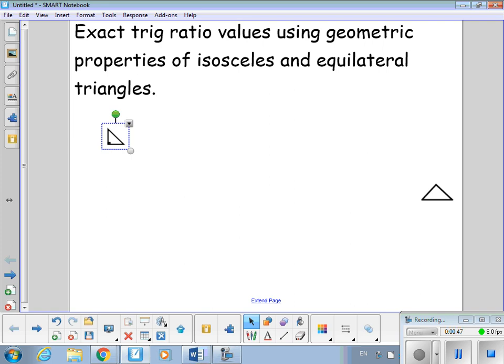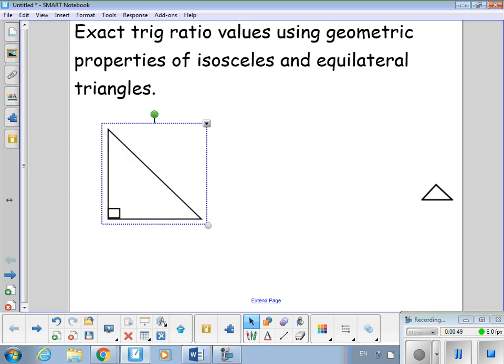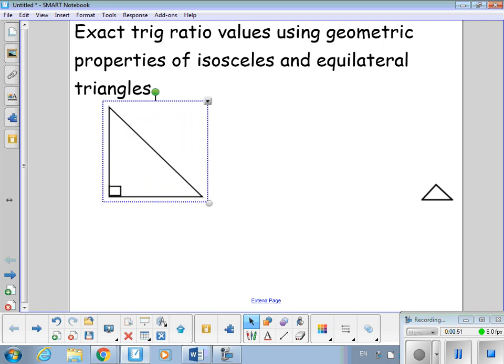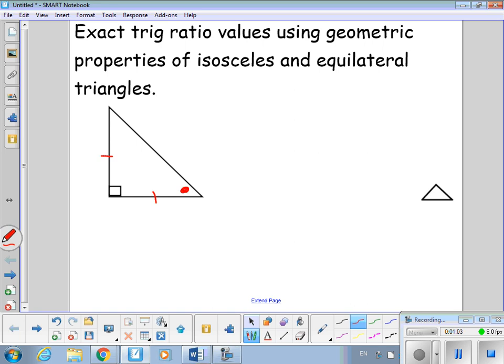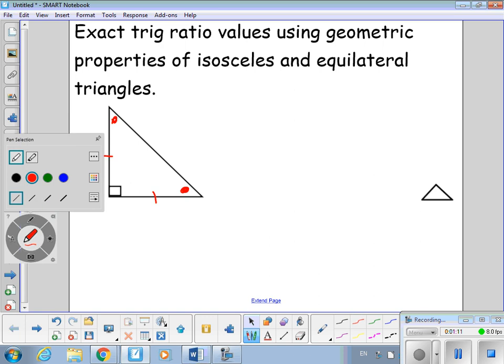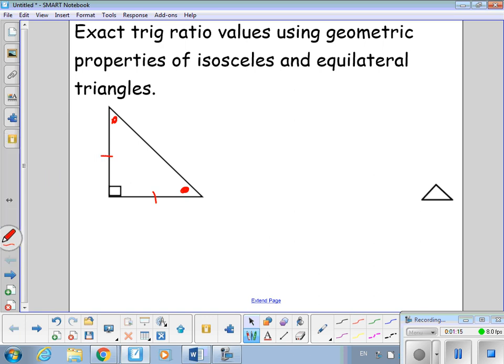Now, because we're working with primary trig ratios, we know that we have to have a right angle triangle. So if this is an isosceles triangle, we know that the two sides are equal, and we also know that these two angles then also have to be equal. Now what's special about this is we already know that in a triangle we have 180 degrees.